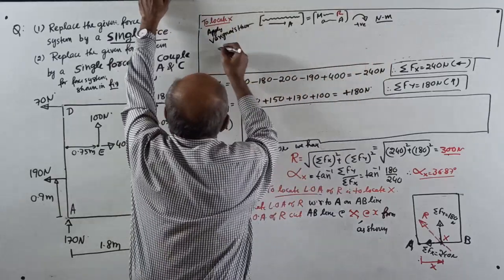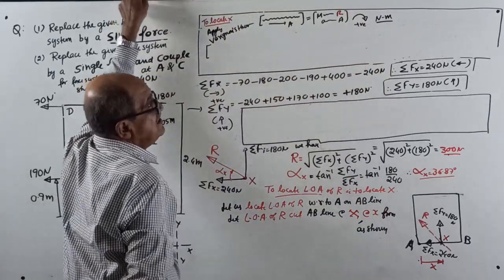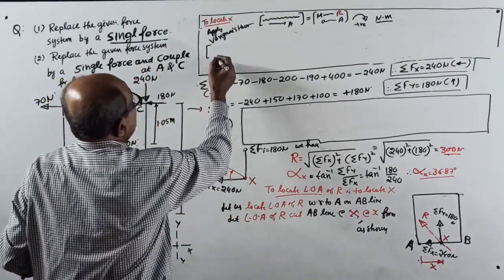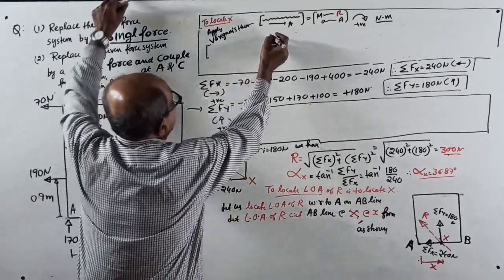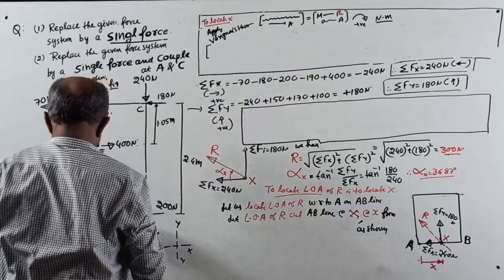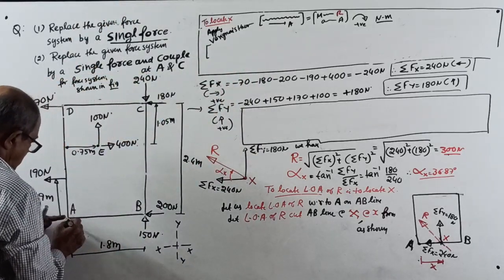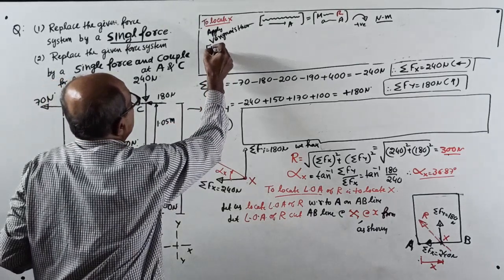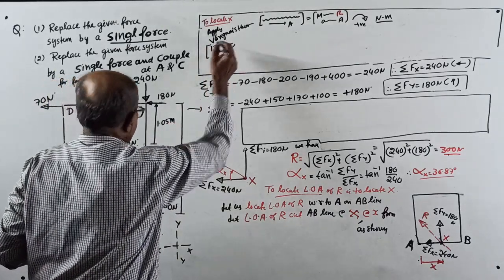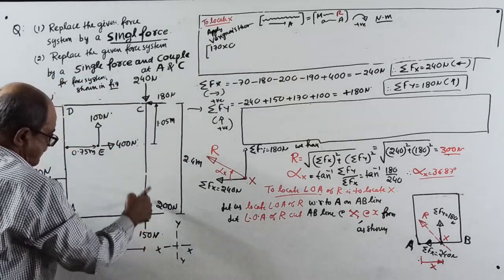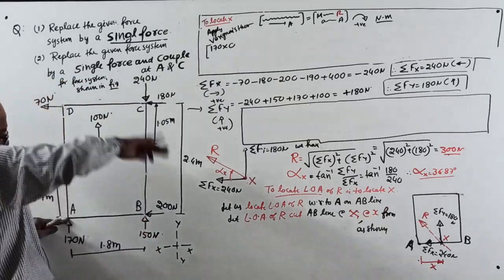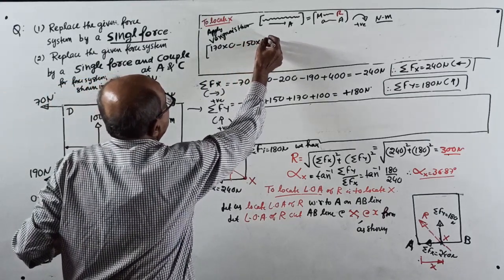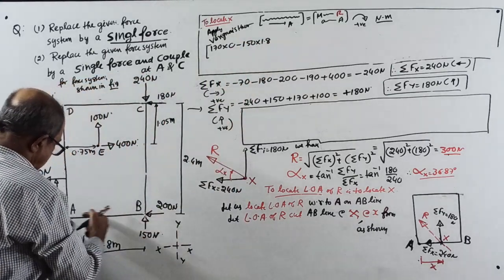Okay, start. Left hand side. Algebraic sum of moments of the given force system about A, that is sigma M_A equal to, see here. Let's start from here. 170 into 0, not required. 150 into 1.8 anti-clockwise, minus 150 into 1.8. 200 into 0.